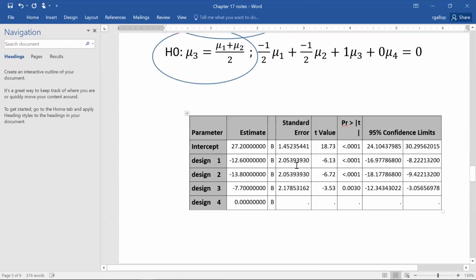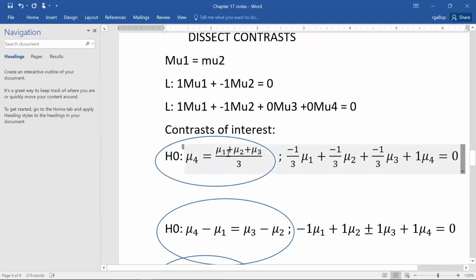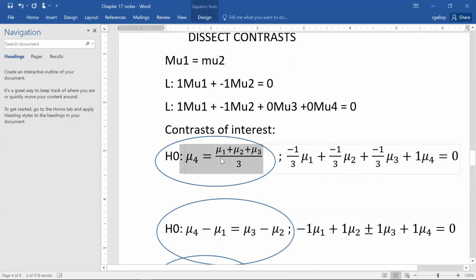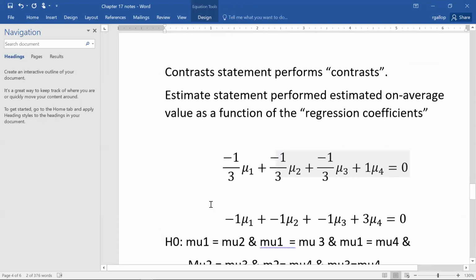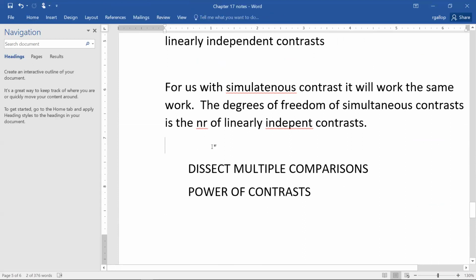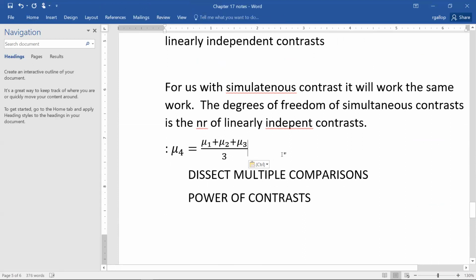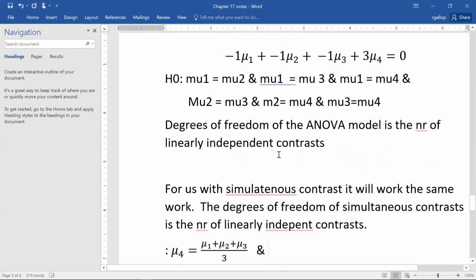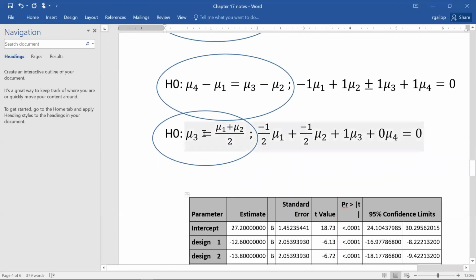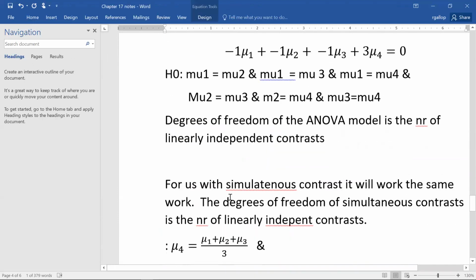So on this one, if we go back to this one, I'm going to see if I can copy this. So we're looking at this, and this. So these are the 3 we want to simultaneously test.